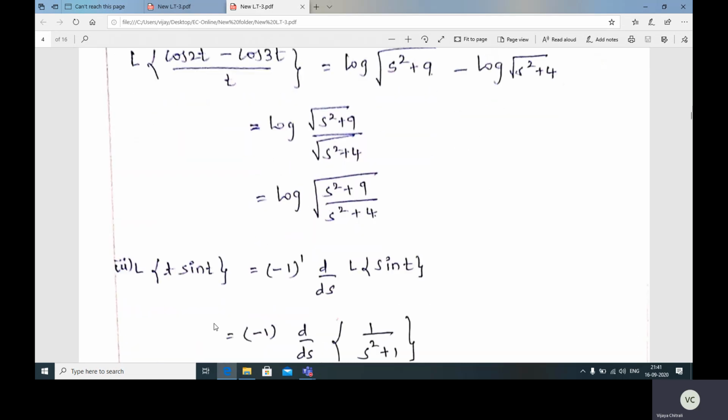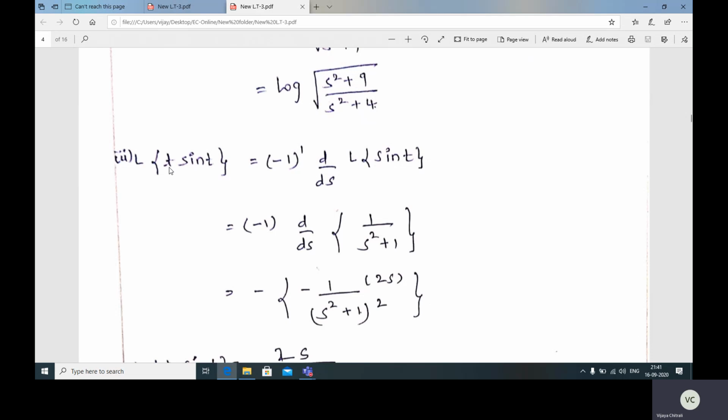Next, move on to the third one. So Laplace transform of t sine t. So this is nothing but Laplace transform of t raised to n into f of t type, right? So n is 1, so minus 1 raised to 1 d by ds of Laplace transform of sine t, or f bar s, right? So minus 1 d by ds of 1 upon s square plus 1.